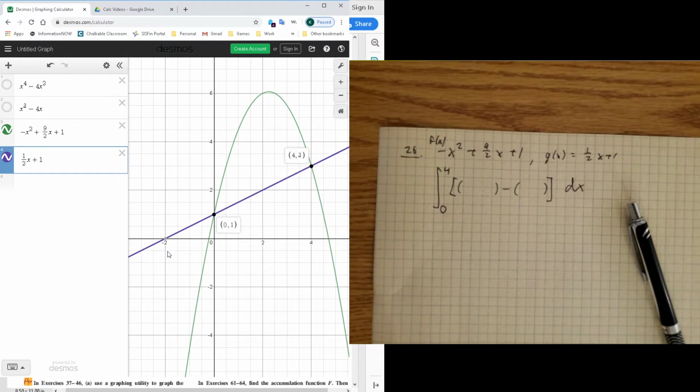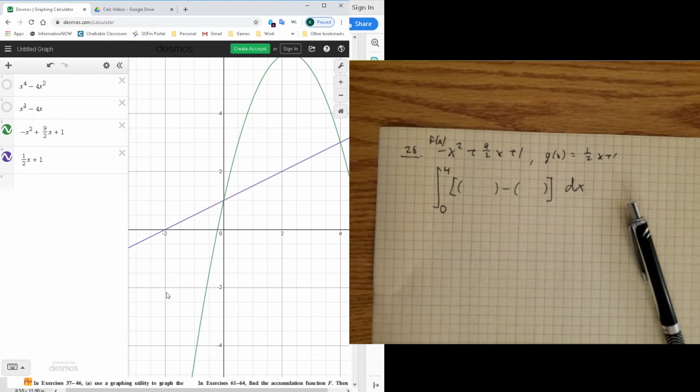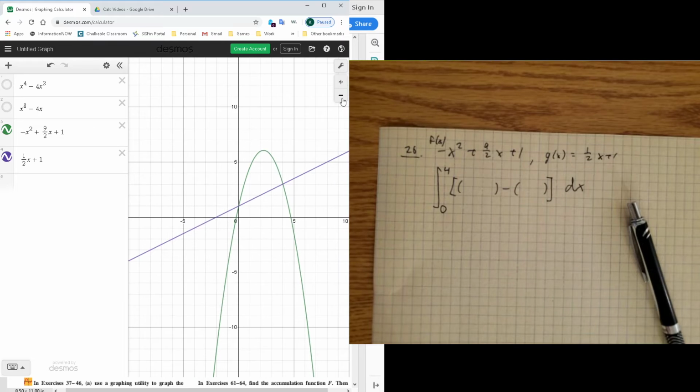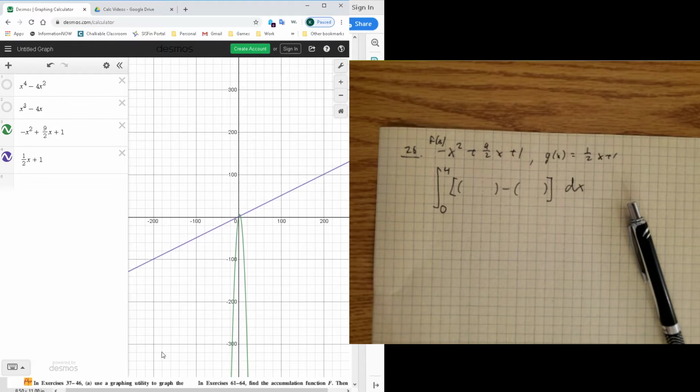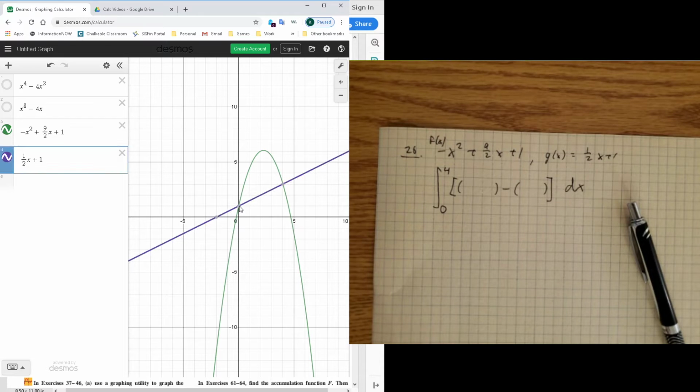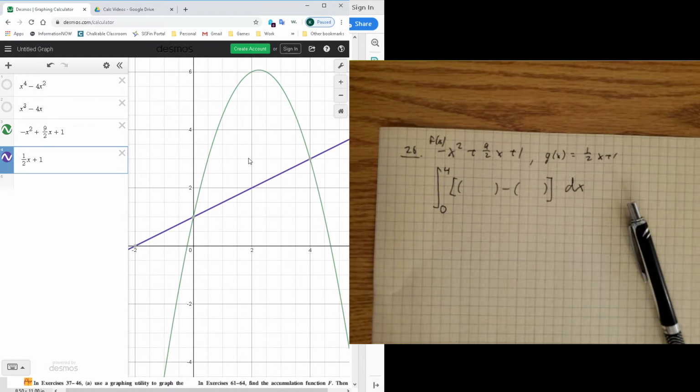I don't include this side because it's not bounded. If I was to zoom out, there's no closing line, nothing connecting these 2 ends to make a shape. So I have to start at 0, and I have to stop at 4, otherwise I have an open paint can, which is going to spill everywhere.